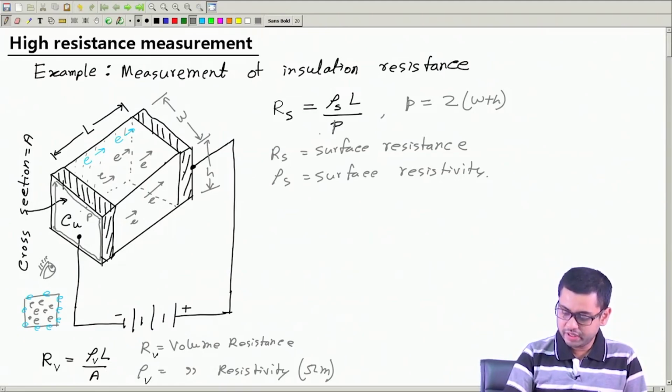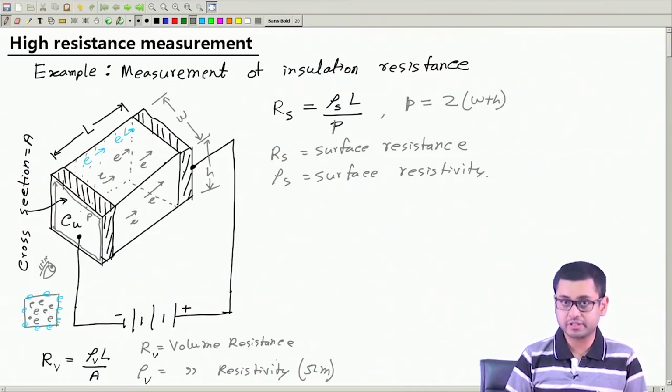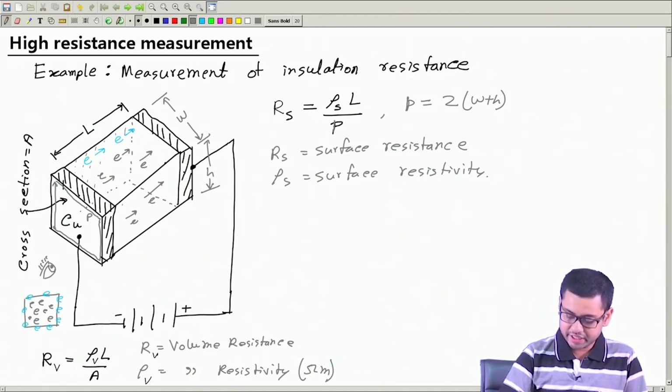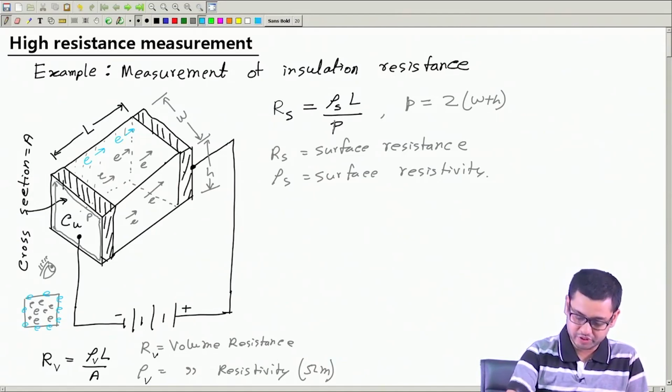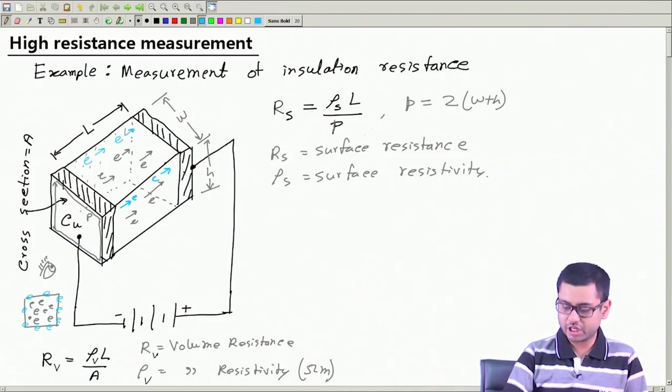So, we will only stay happy knowing this fact that some current flows through the volume and the resistance offered to that current is called the volume resistance, and some current which flows only through the surface is associated with what is called the surface resistance and surface resistivity. And the relationship is quite similar.